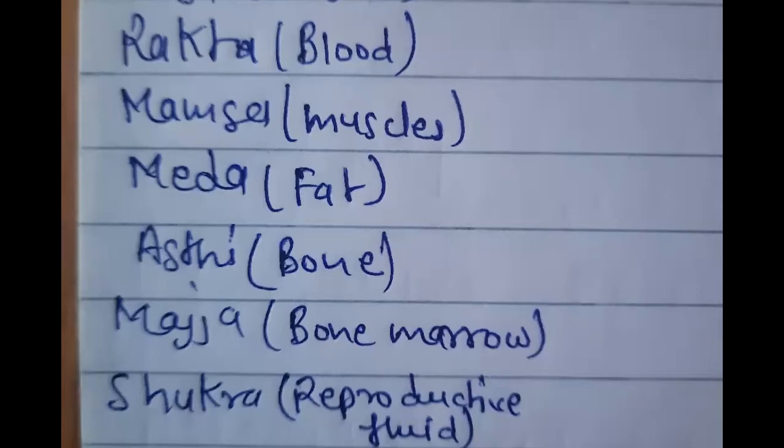Sapta means seven. I'll write it down. Dhatu means elements. Sapta means seven, seven number.